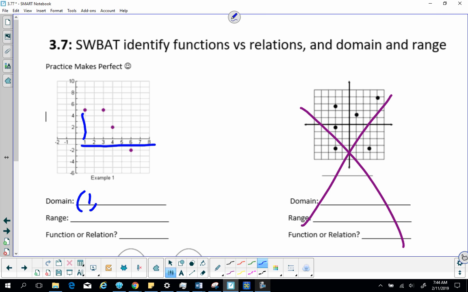Is there anything on 2? Nope. 3? Yep, there's a guy right there. So 3. Anyone on 4? Yep, right there. 5? Nope. 6? Yep, right there. So you guys get how we're just scanning it left to right, just seeing if there's one that falls on one of those X coordinates.